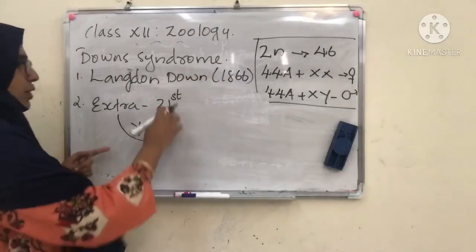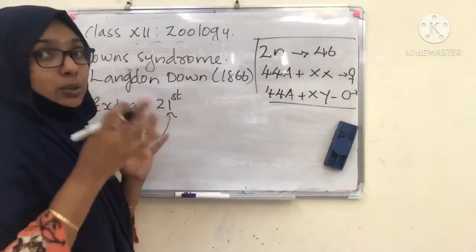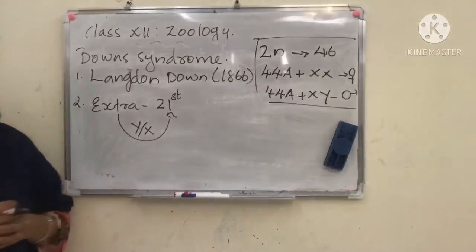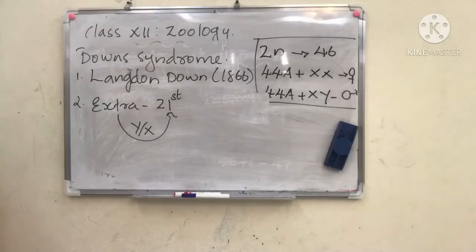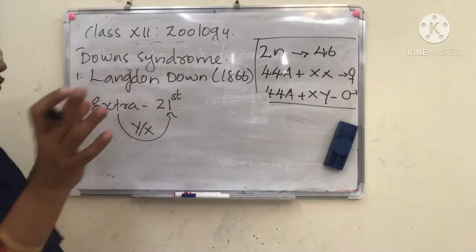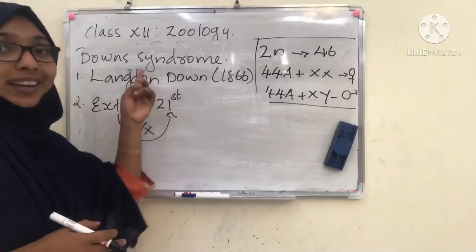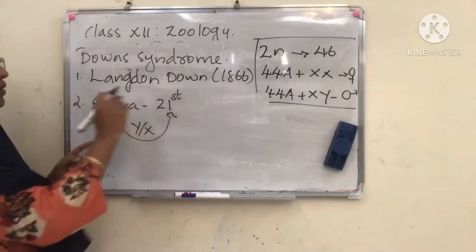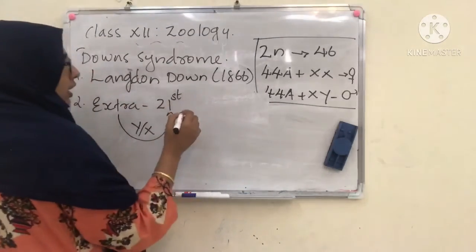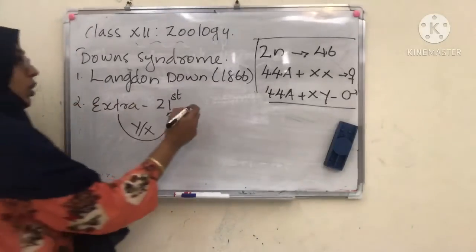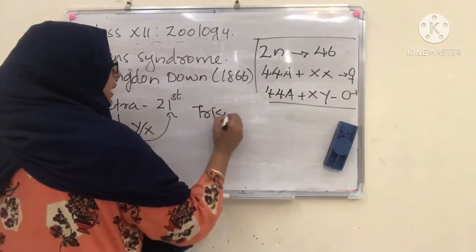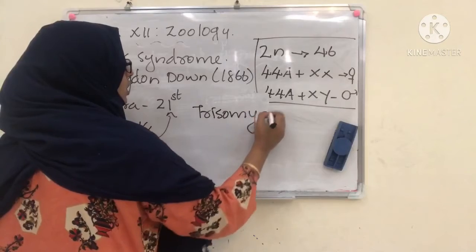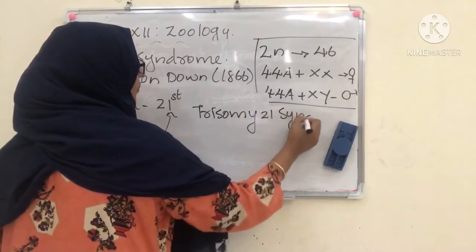So an extra chromosome is added to the normal 21st chromosome. Formerly I told that monosomy is Down syndrome. It's wrong. Here an extra chromosome is added, so it is also known as trisomy 21 syndrome.